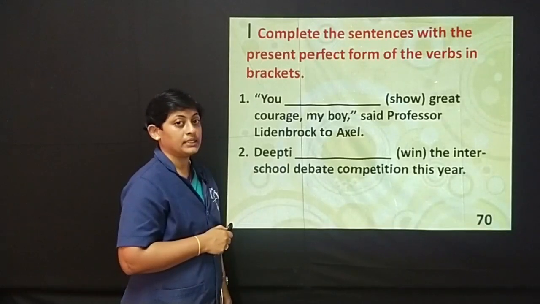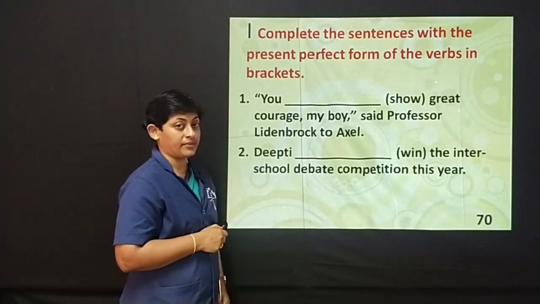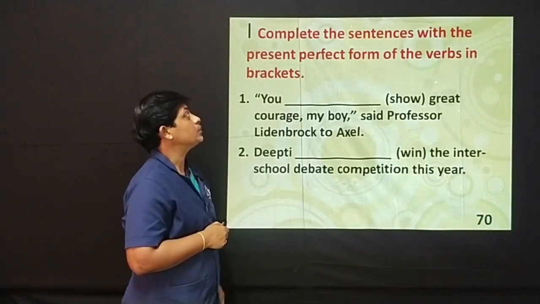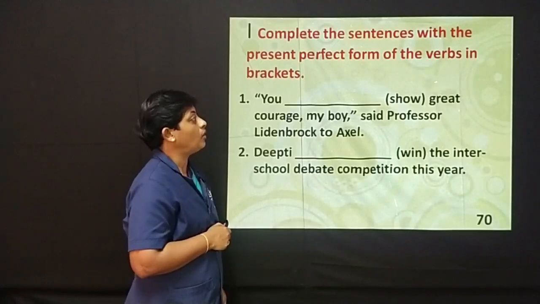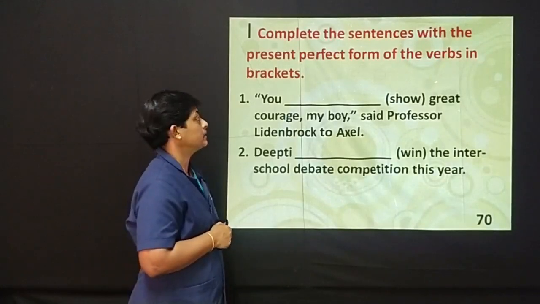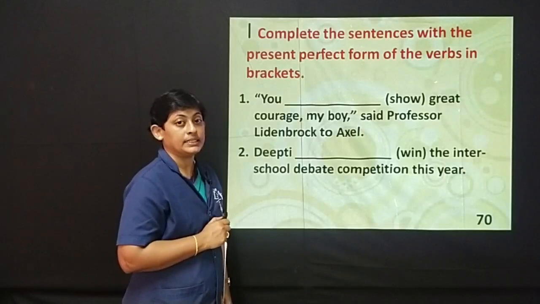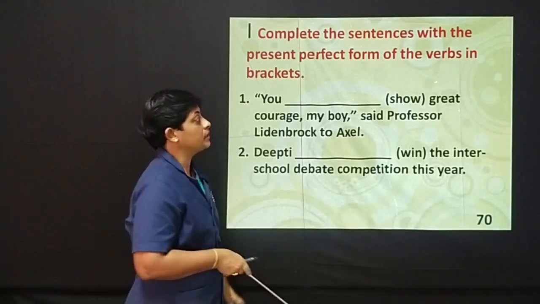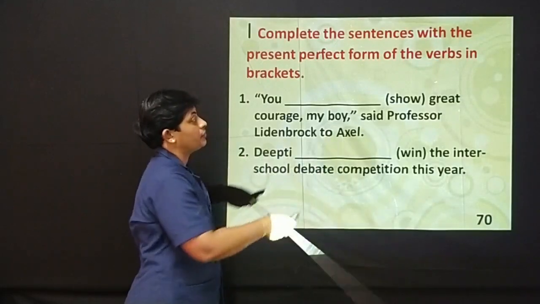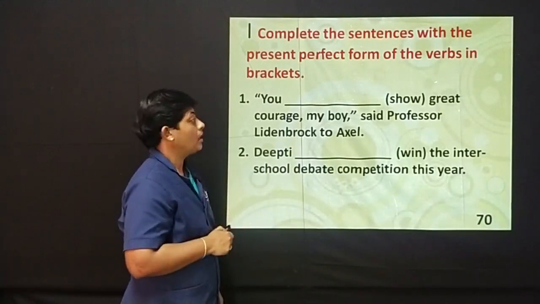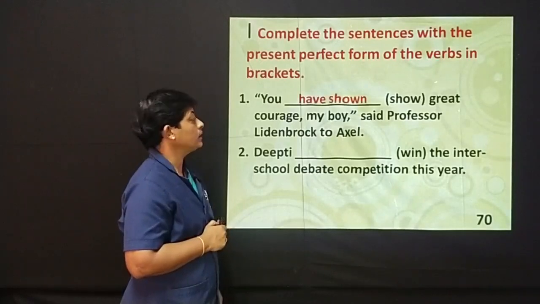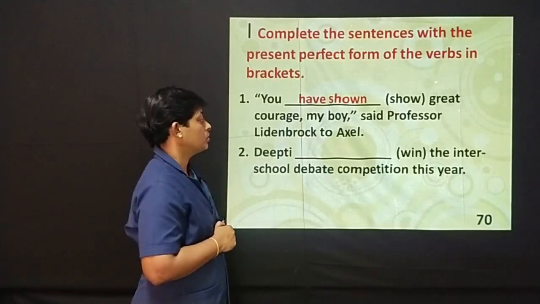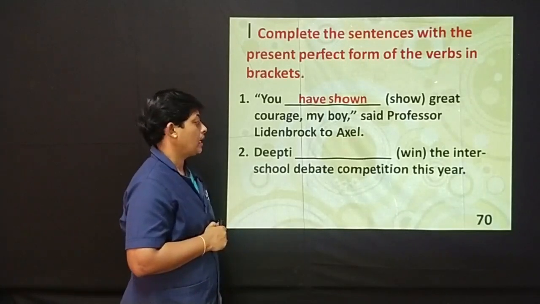Now let us complete this exercise on page 70. I. Complete the sentences with the present perfect form of the verbs in the brackets. I want you to complete this exercise in your textbook itself. You have to make use of the present perfect form of the verb given in the brackets. 1. "You have shown great courage, my boy," said Professor Leidenbrock to Axel. 2.